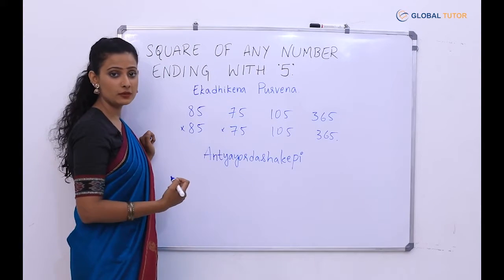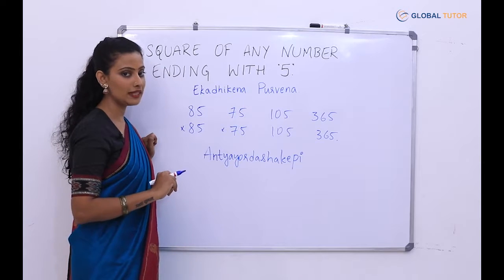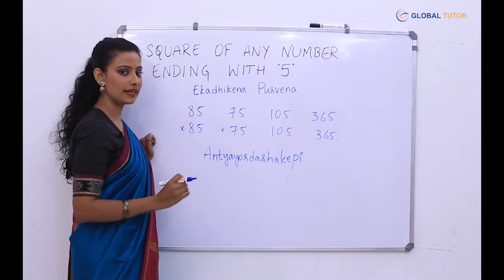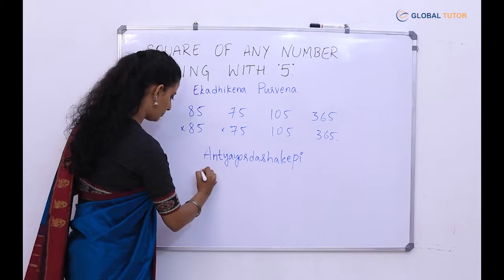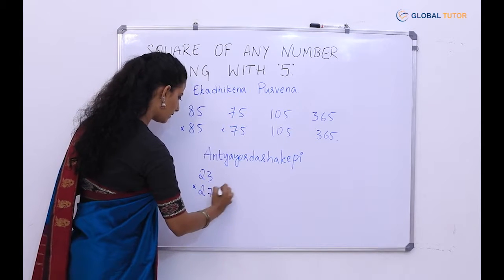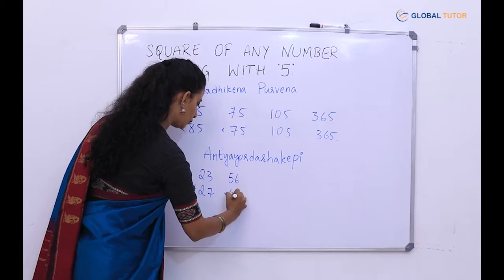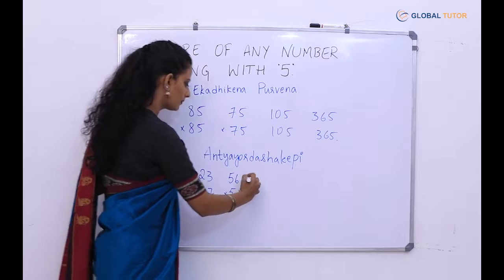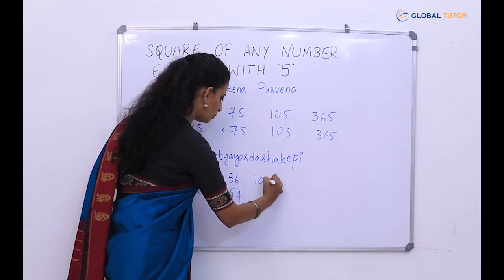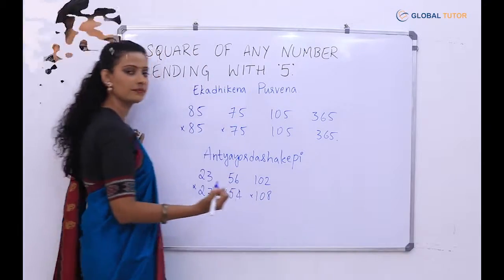Antyayor Dashakepi means the sum of the unit numbers has to be 10. Let us see some examples of it. It could be 23 into 27, 56 into 54, then 102 into 108.